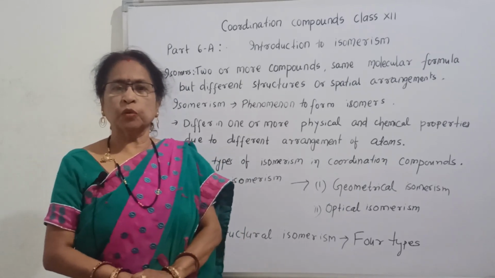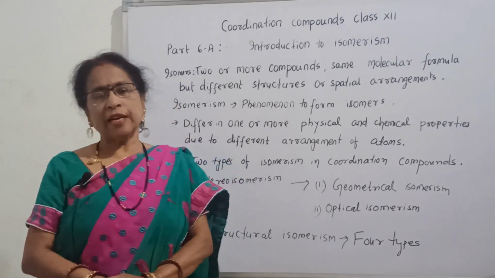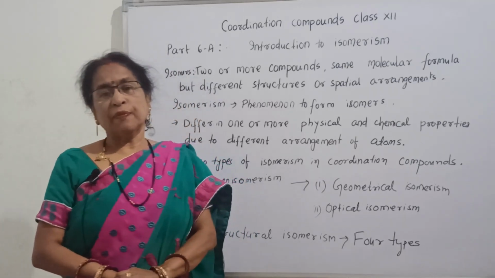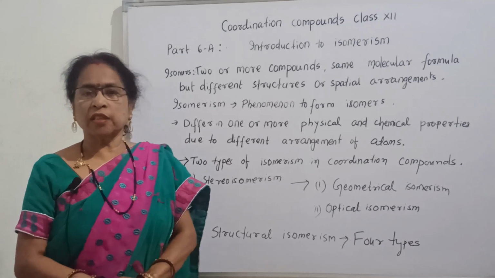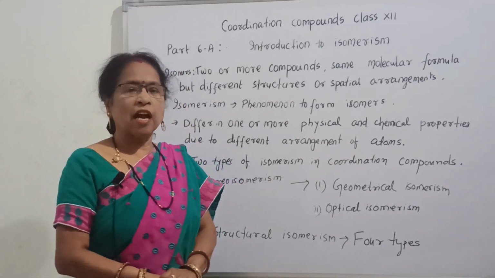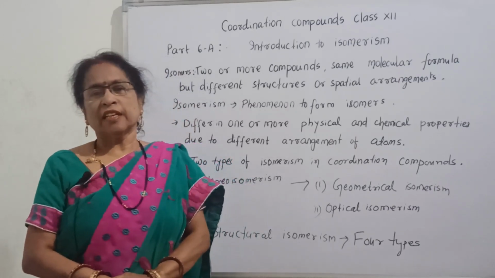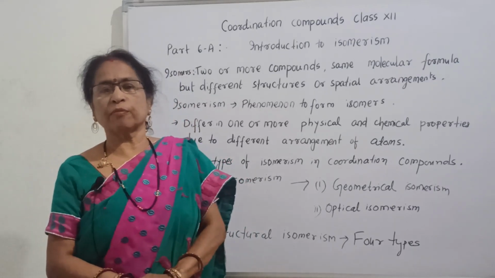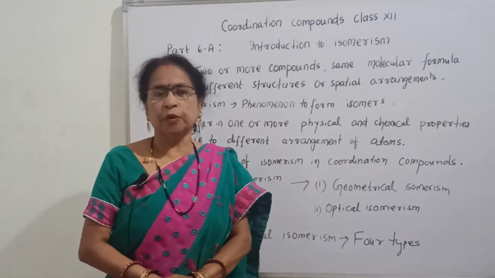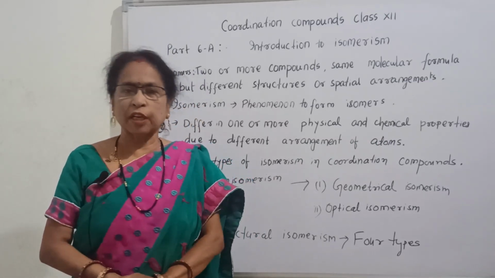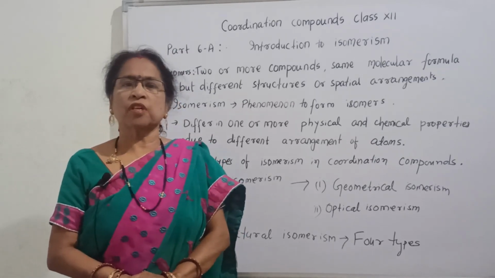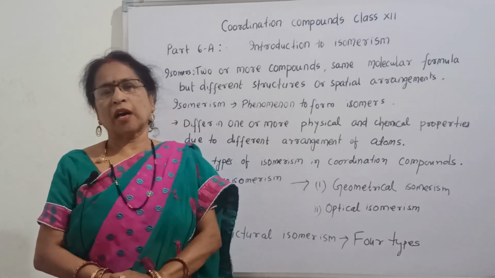From part 1 to part 5 I have already explained ligands, different coordination number, oxidation number, coordination sphere, like this I have completed. Similarly, I have completed the naming of ligands and the naming of coordination complexes. I hope it is clear to you. I have one request to you all: when you start to read coordination compounds, start from part 1.